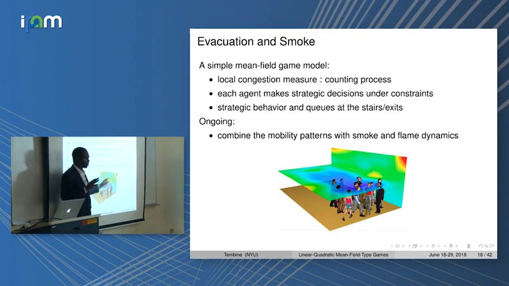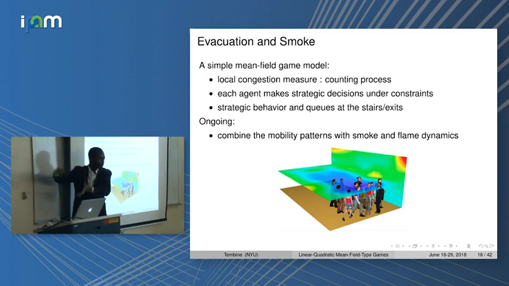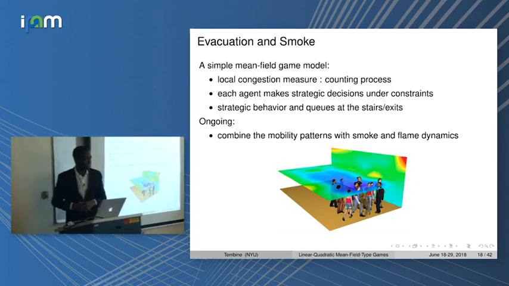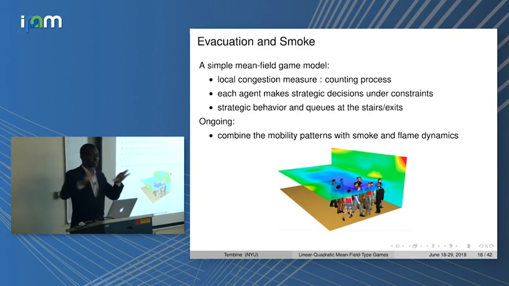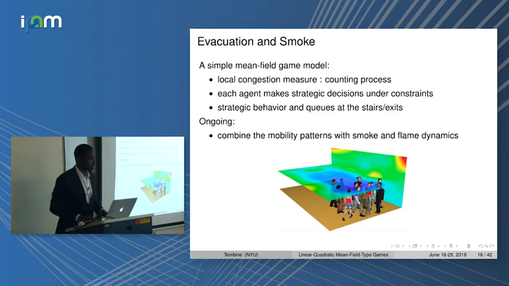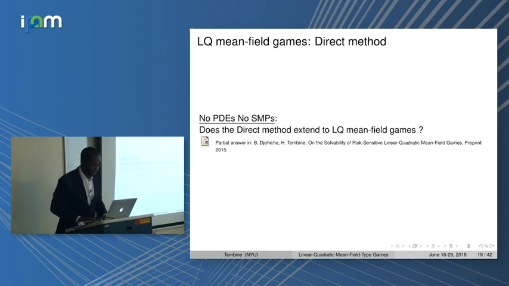You don't want to go to a stair where there is already a lot of smoke. But that dynamics is external. It's driven by physical laws and it's influencing our decision. It's external dynamics, but I use that in my decision because it matters if I cannot get any oxygen. Now, end of the application.